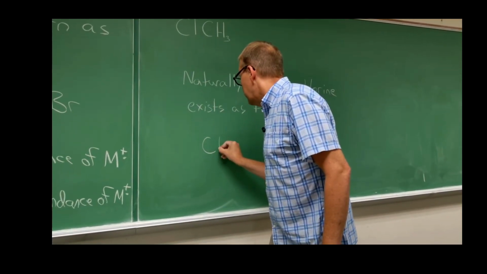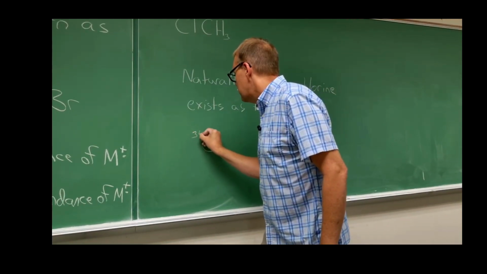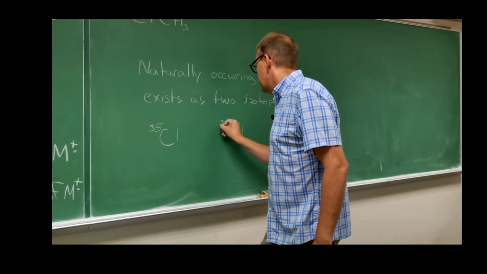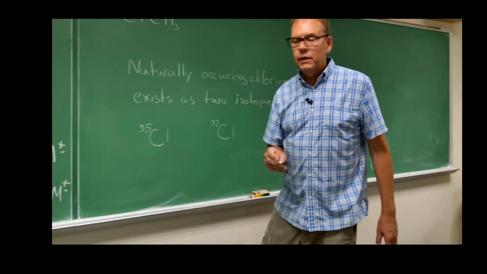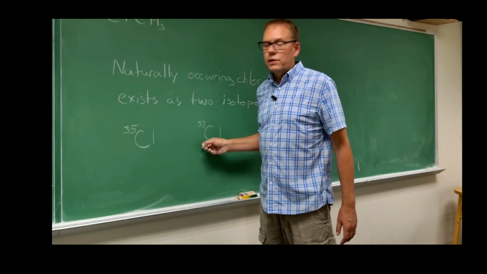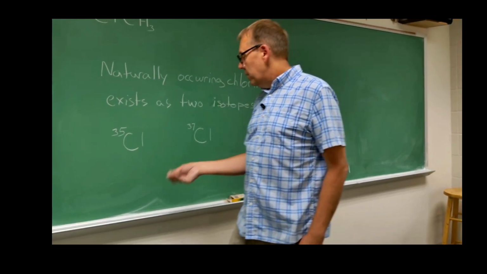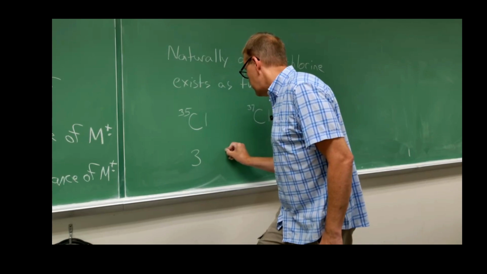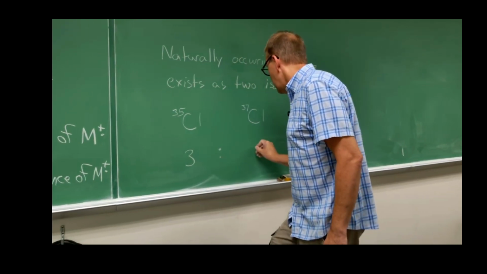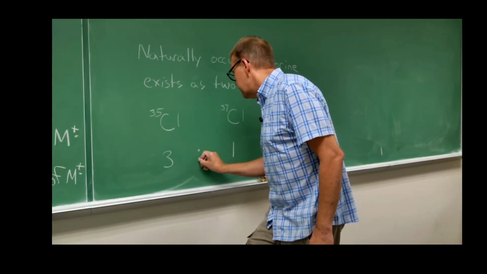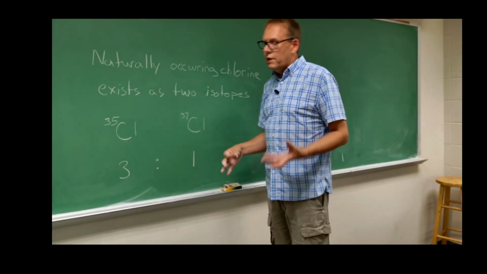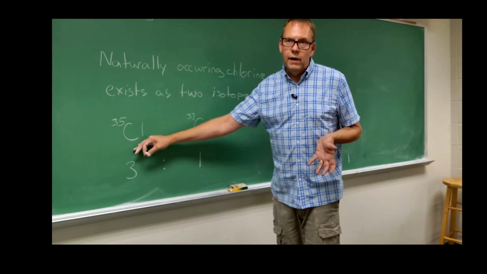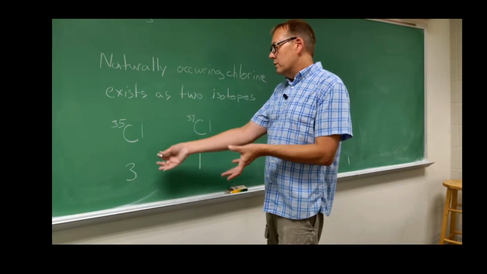There's a chlorine that weighs 35, and there's a chlorine that weighs 37, based on this one having 2 extra neutrons compared to this one. And the abundance of this is basically there's 3 parts this to 1 part this. 25% of chlorine is like this, and 75% of chlorine is the chlorine 35. So the lighter one is more abundant.